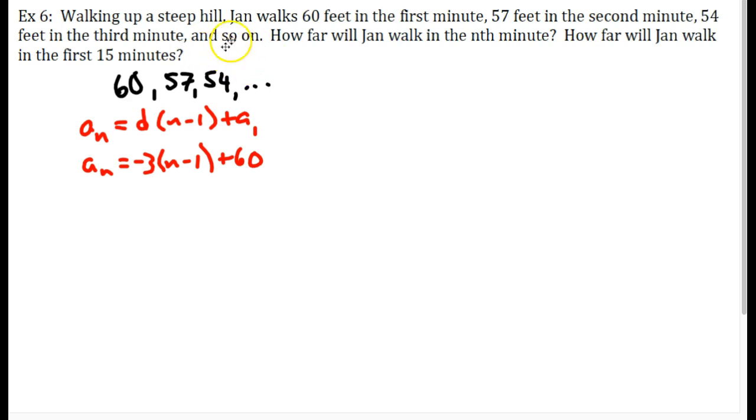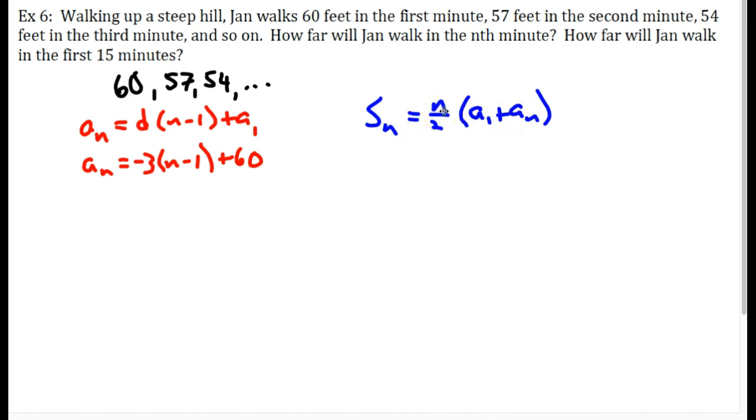Now to figure out how far Jan walks total in the first 15 minutes, we need to think about finding a sum. So we need to use our S sub n equals n over 2 times a sub 1 plus a sub n. I need a couple pieces of information: n, the first term, and the last term.